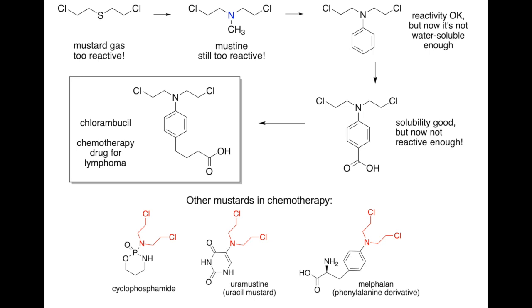But every time we see these mustards, again, if you look kind of through the fossil record, if you will, these are all derived from mustard gas, chemical weapons in World War I. So this is how chemotherapy started, by observation and by careful tweaking of the mechanism and understanding the relationship between structure and reactivity.